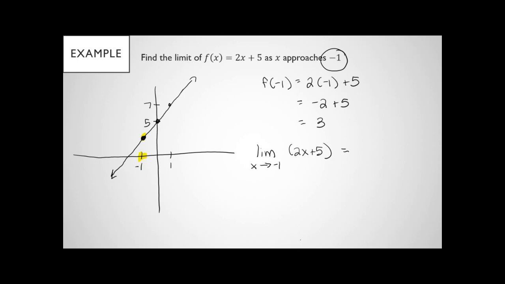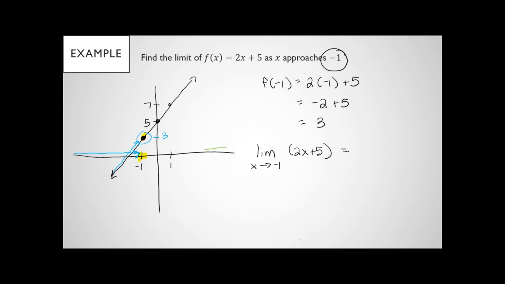So we're going to look at both sides. Let's say I'm moving from left to right, and my x value is going towards -1. My y value is approaching this value right here, which is 3. Our graph is getting closer and closer to a y value of 3. And then we also want to look at what happens if you're going from the other direction.